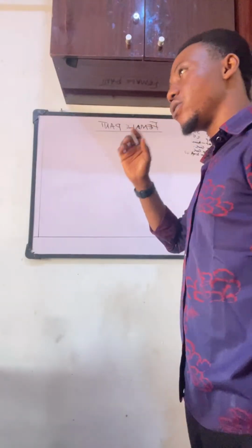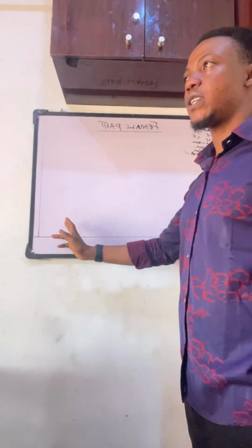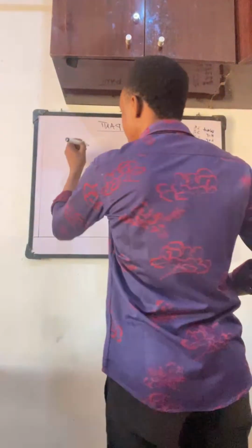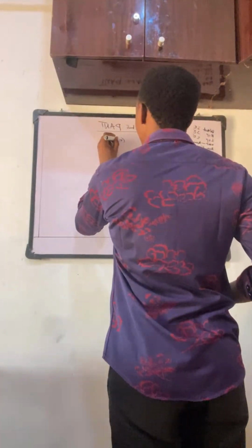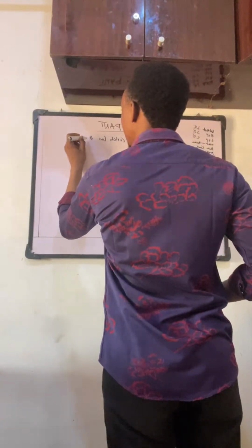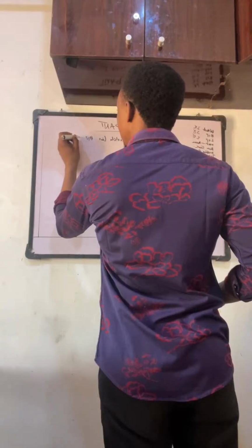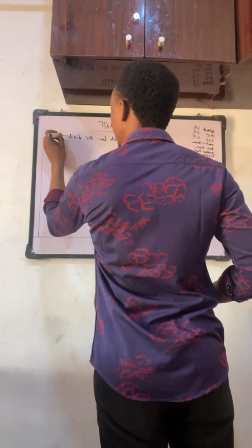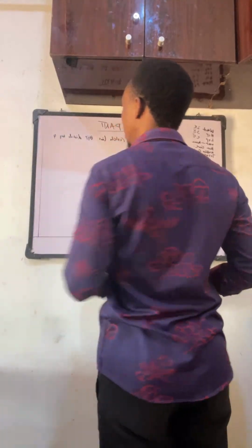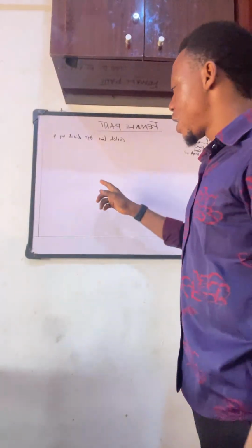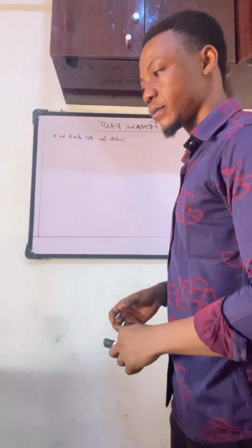So how do you get your cross line? Your cross line is hip divided by 4, right? So your cross line is hip divided by 4.